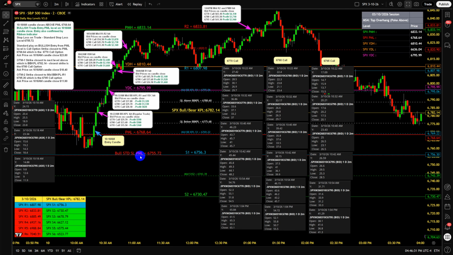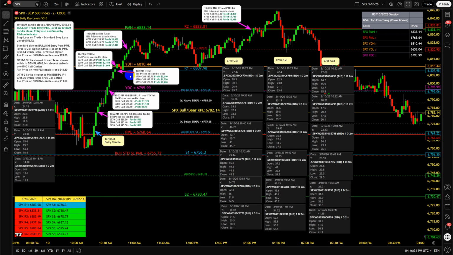This is your standard stop loss. You simply go into the user control panel. You choose between tight or standard stop loss, and then it will plot the stop loss for the PML level on your screen. Now, as for the other main key levels that you take trades on, the tight stop losses are going to be the QL levels and the midpoint levels.